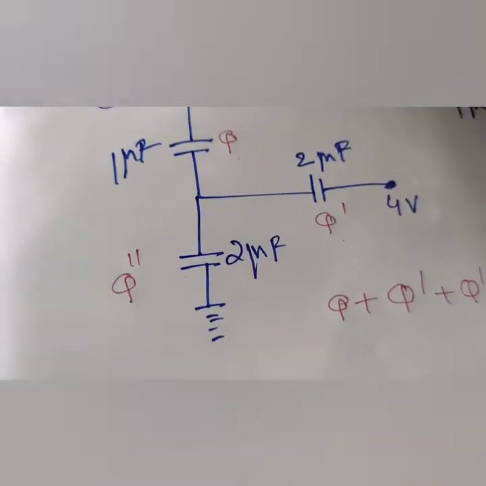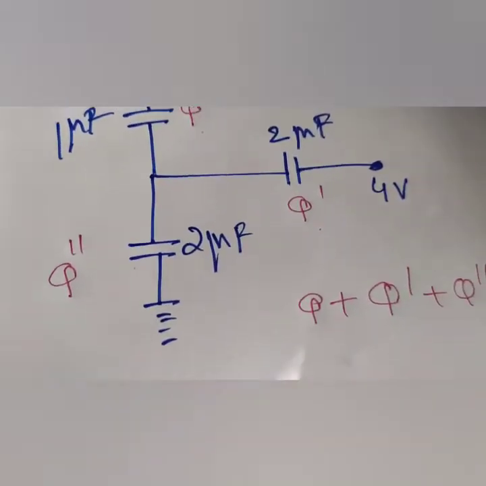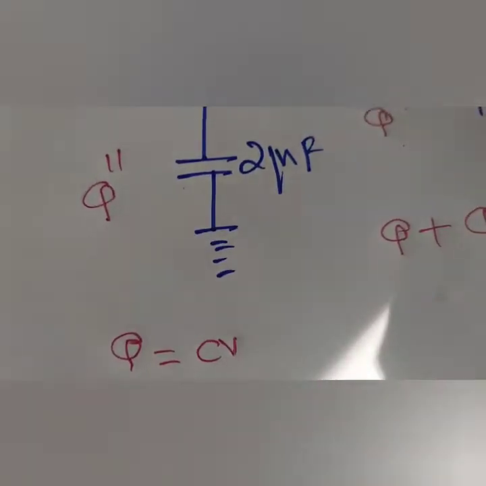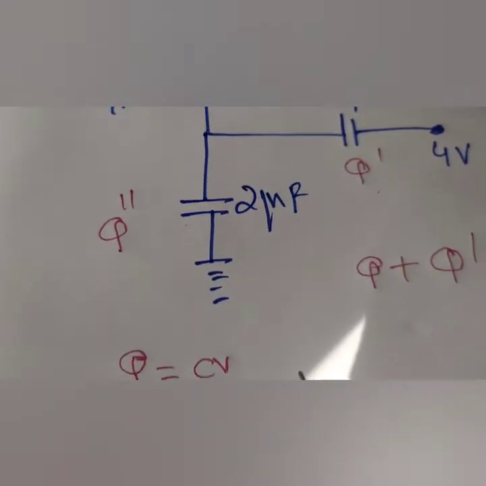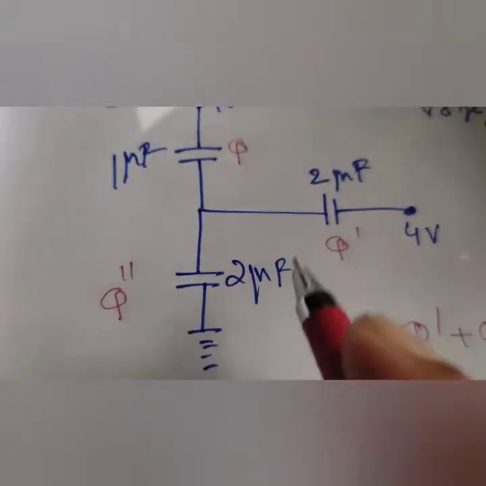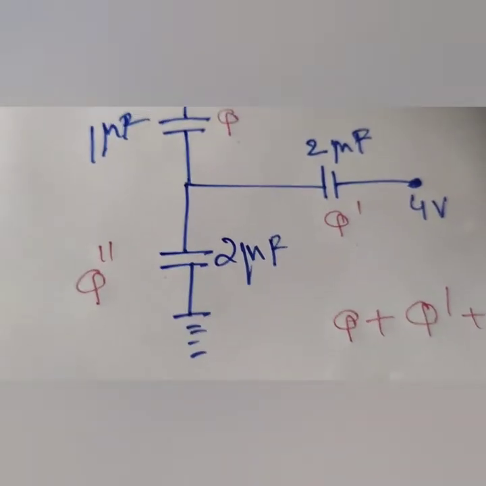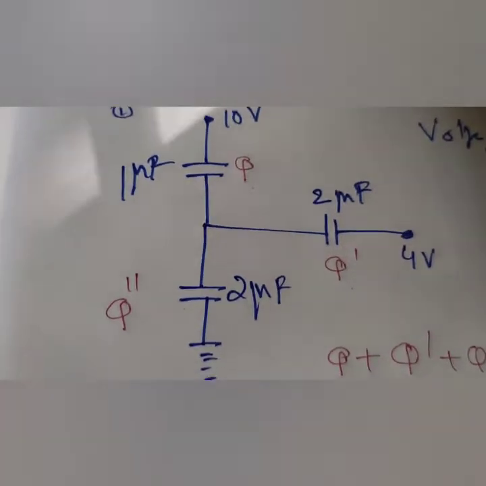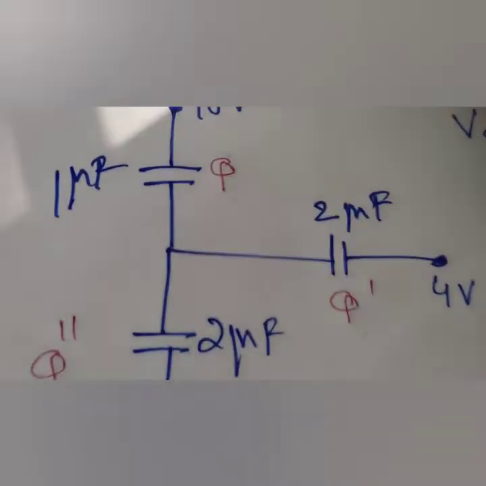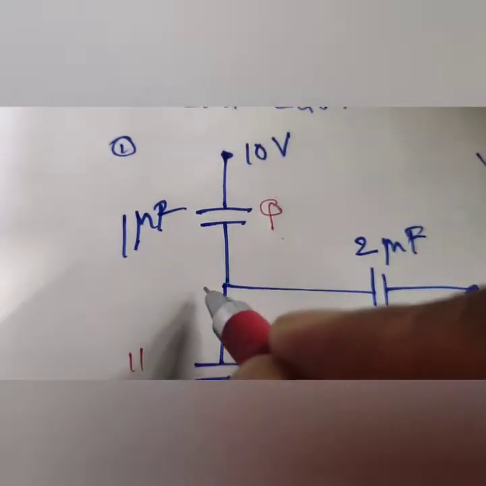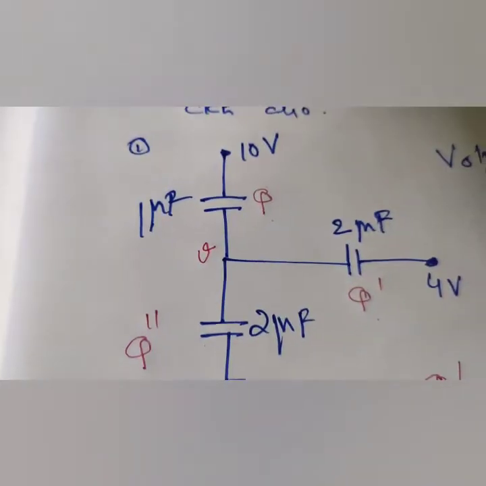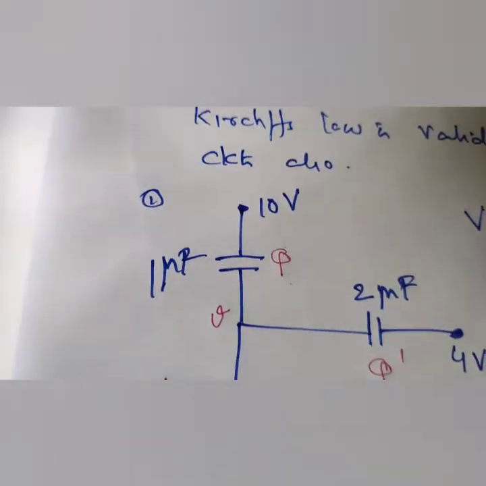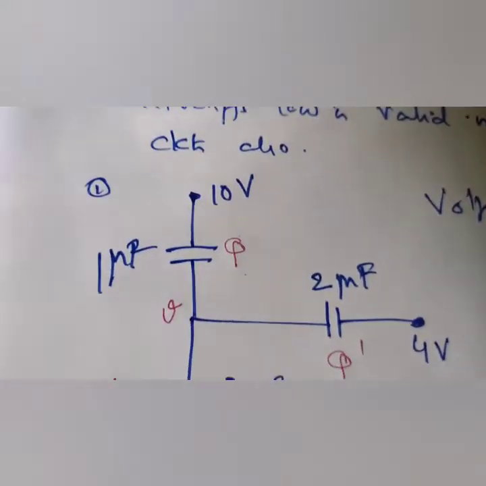How can you find the charge? We know the equation Q is equal to CV. So we know the capacitance and we know the voltage across each capacitor. Then we can write the equation. So first, we know here 10 volt is here. Here it is, let us say V volt. So 10 minus V is the voltage across this capacitor, and this capacitance is 1 microfarad.